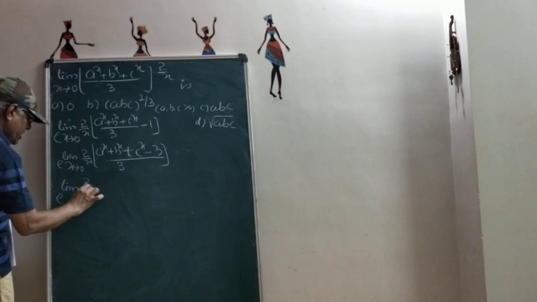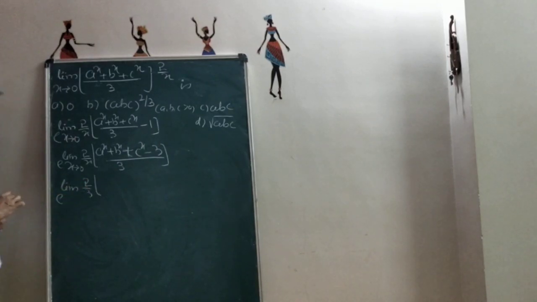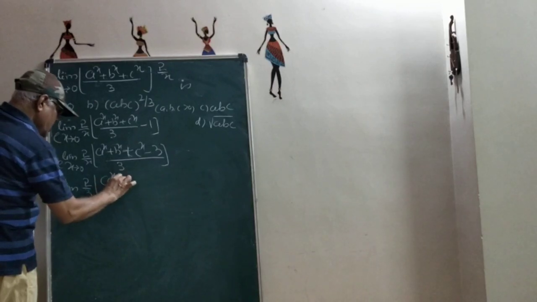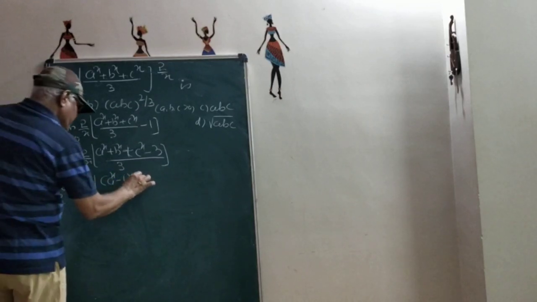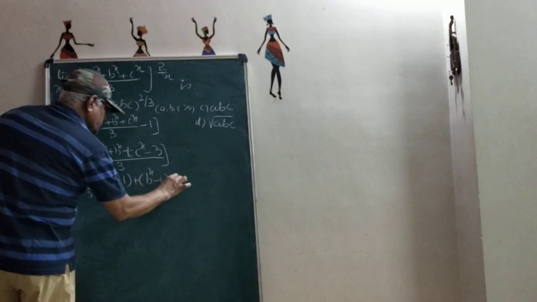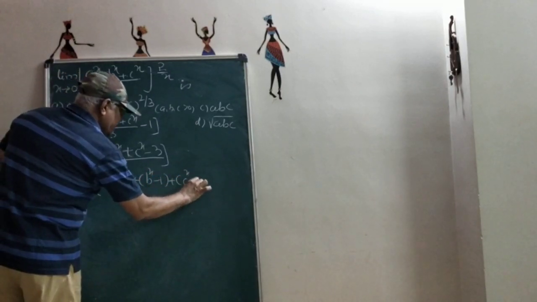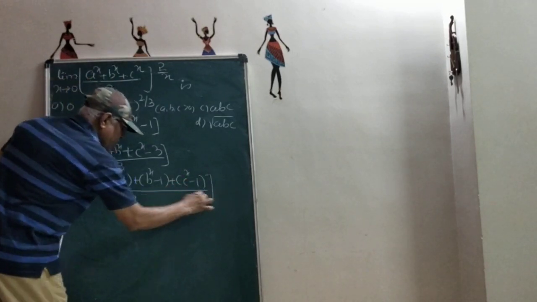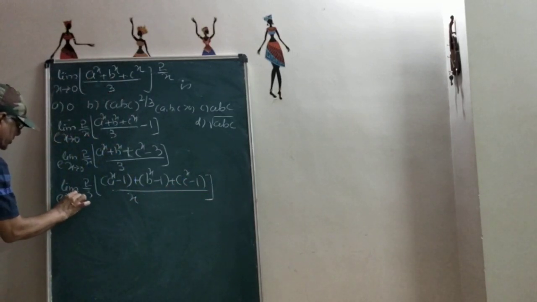I am combining 2 upon 3 into the bracket. Now (a^x - 1 + b^x - 1 + c^x - 1) divided by x as x tends to 0.